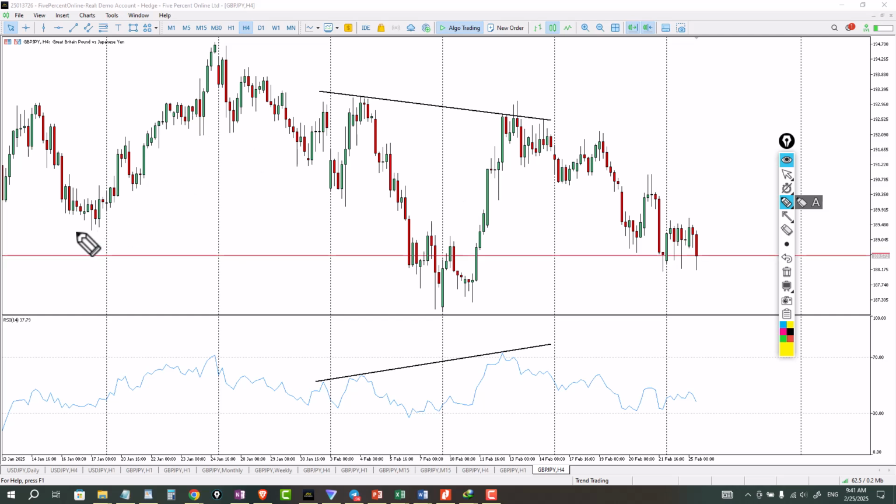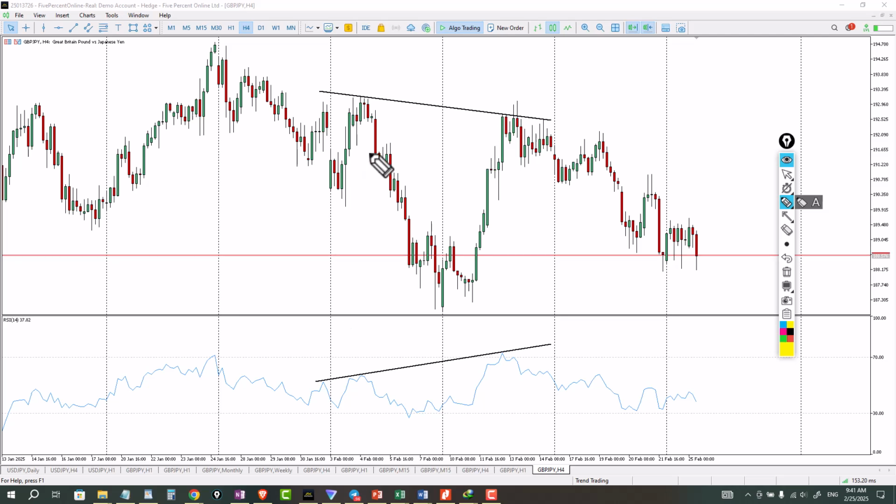So instead of price forming the higher highs and higher lows, which it had been doing all through this move, price now started forming lower highs, lower lows, lower highs, lower lows, and lower highs.